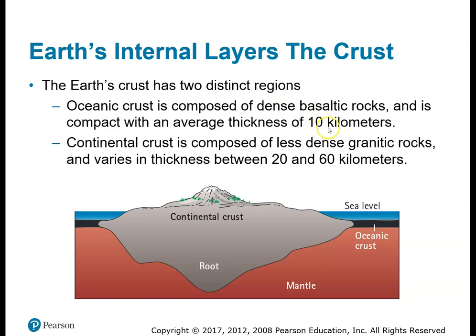The ocean crust on average has a thickness of about 10 kilometers, where the continental crust has a thickness anywhere from 20 kilometers to about 60 kilometers. And so it can go much further down and even pass underneath the ocean crust. But it's still riding on top of the mantle. The mantle is much more dense.